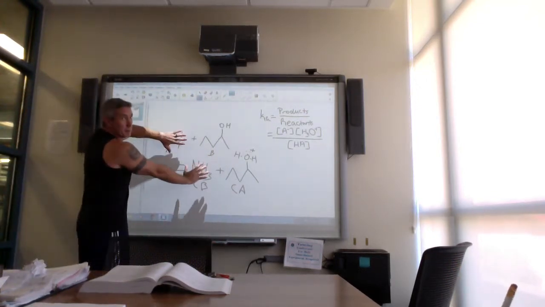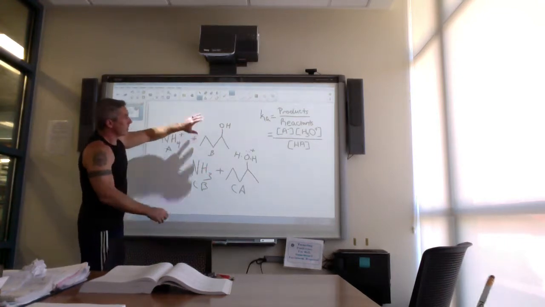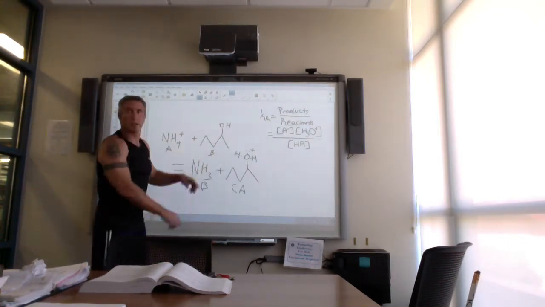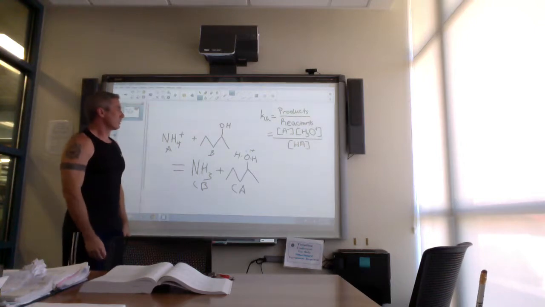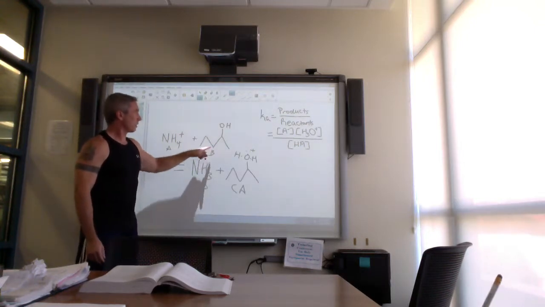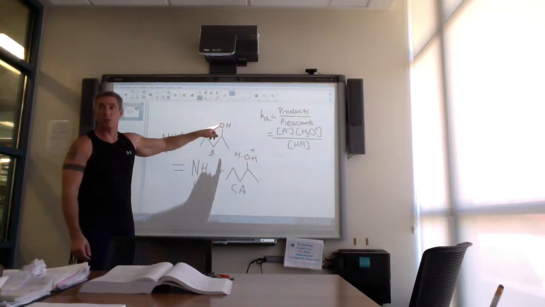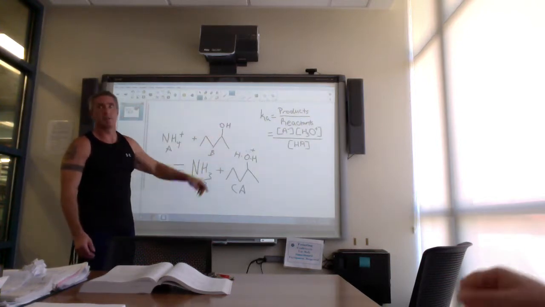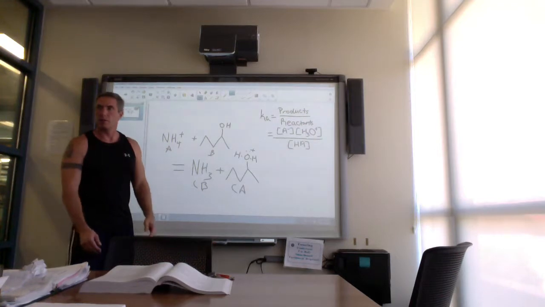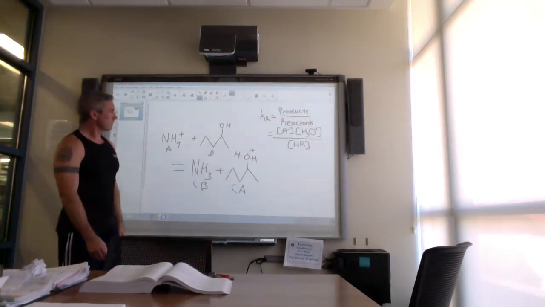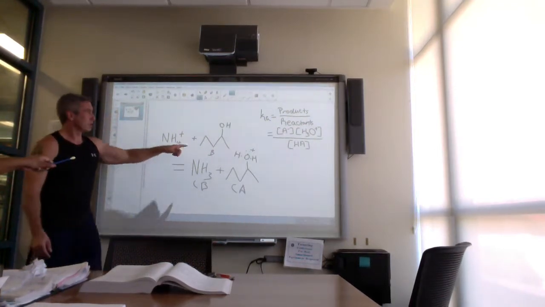And this, the base. What I'm getting at here, what did I get to? This is easy, right? But if I give you something that isn't so pretty, and you're not sure, you've got to look at, well, that's a pretty stable little ion all by itself. It doesn't want to lose an H. What's the pKa of an alcohol? Roughly 16. Why is that one stronger again? Why is this one stronger? No charge.